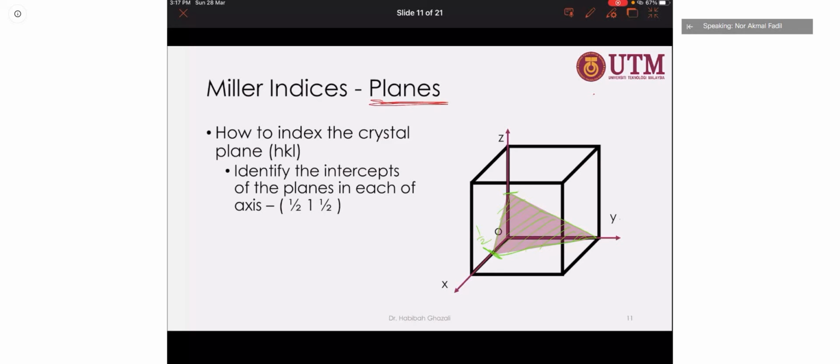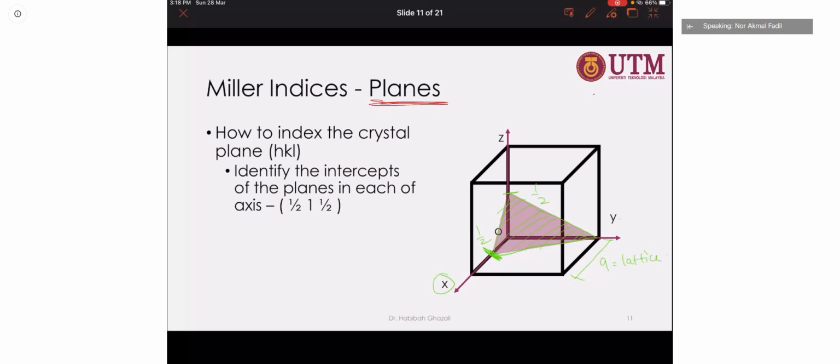Remember this one we call a, which is the lattice constant, the imaginary lines that connect the atoms. So this imaginary line of this cubic is crossed in the x direction at half of the lattice, in the y direction at one lattice, and in the z direction at half a lattice.